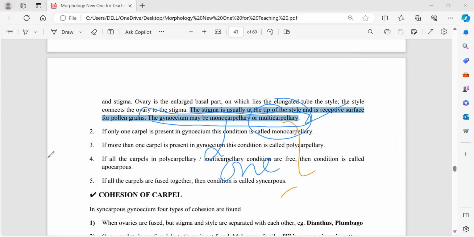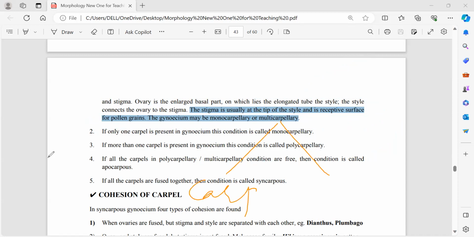many carpels. And when there are many carpels, then we have other cases. In a multicarpellary gynoecium, carpels can be free and carpels can be fused, like we studied in androecium.